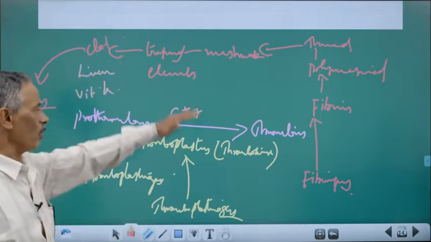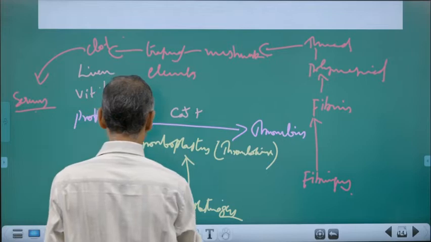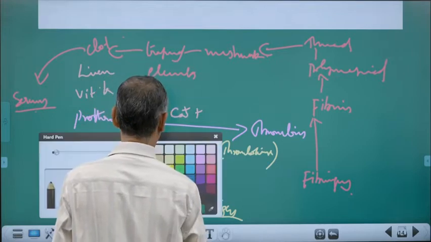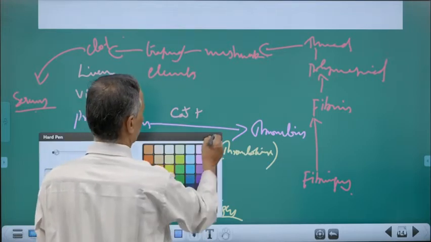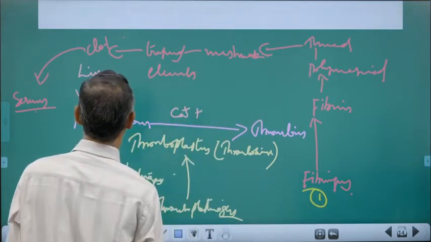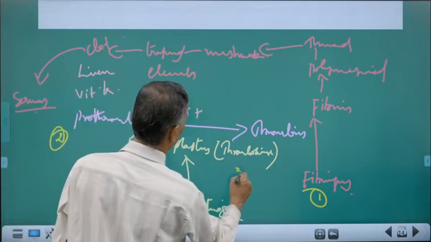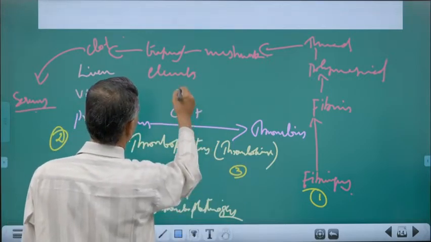This is the overall reaction in a nutshell. And as I told you, 13 factors are involved. These factors are fibrinogen 1, prothrombin 2, thromboplastin 3, calcium 4.